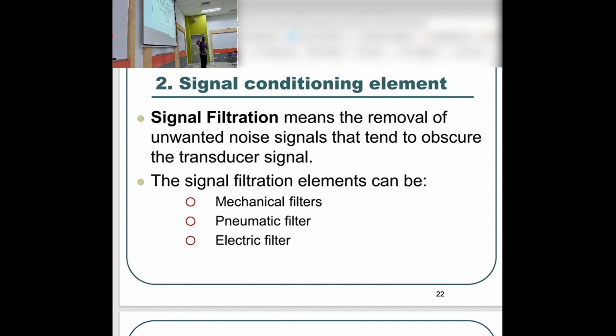The next one is the electric filter. After the sound comes to the microphone, of course it's combined with some sort of electronics, because it's wireless. So we introduce some kind of electronic noise, and that can be filtered using an electric filter. But the pneumatic filter is used if we have a pneumatic system.